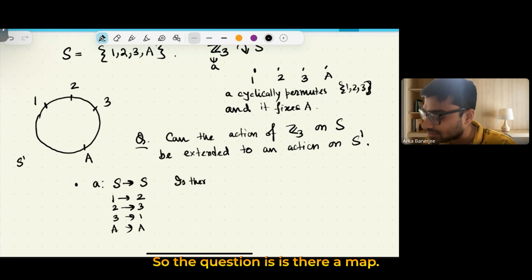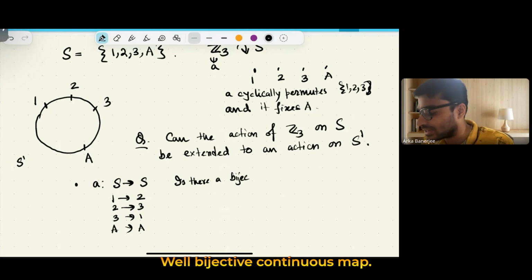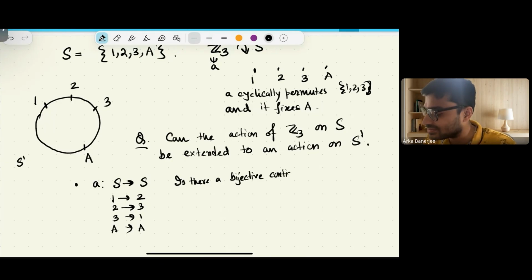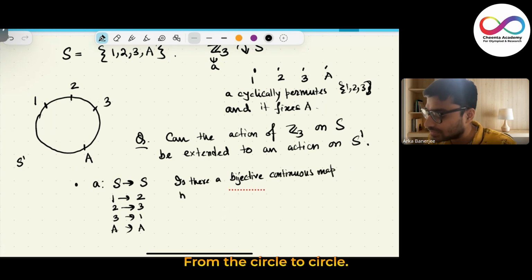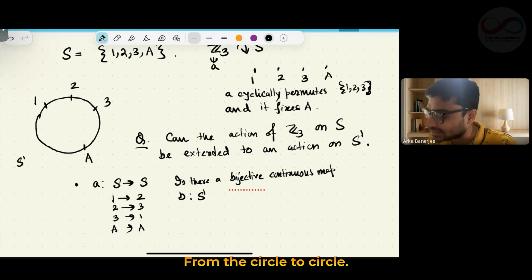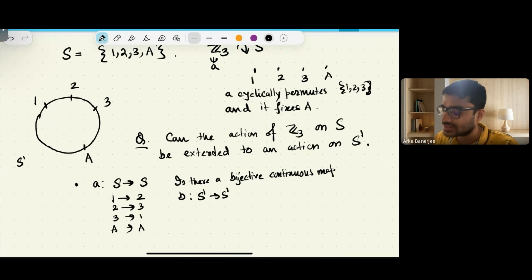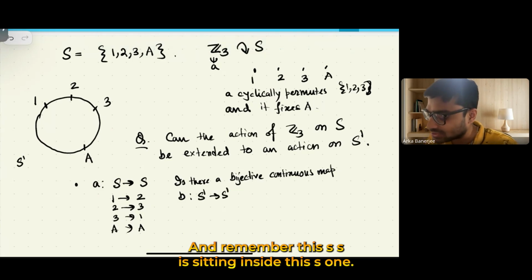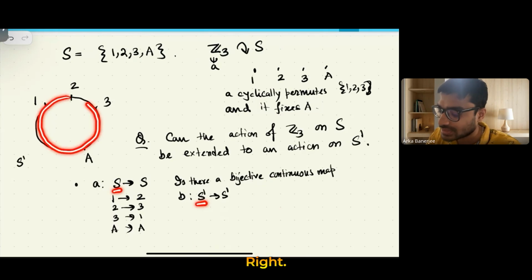And now the question is, is there a bijective continuous map from the circle to the circle? And remember, this S is sitting inside this S1, right?